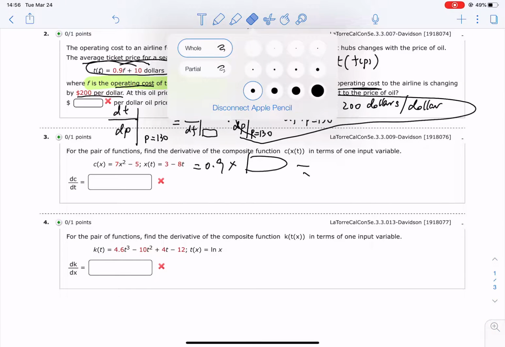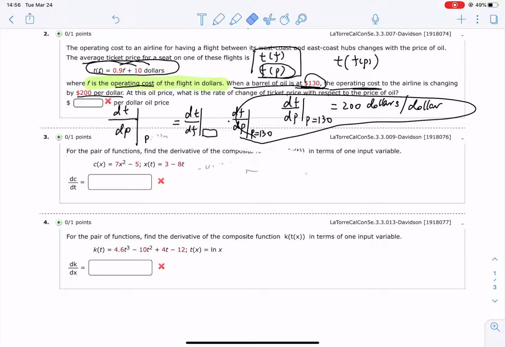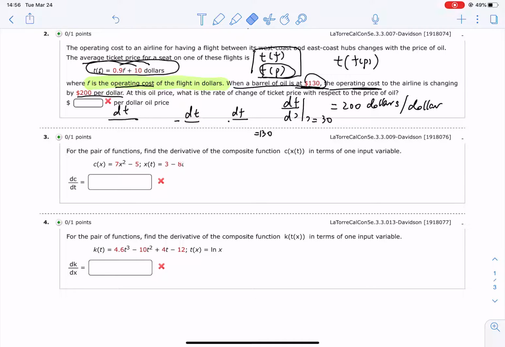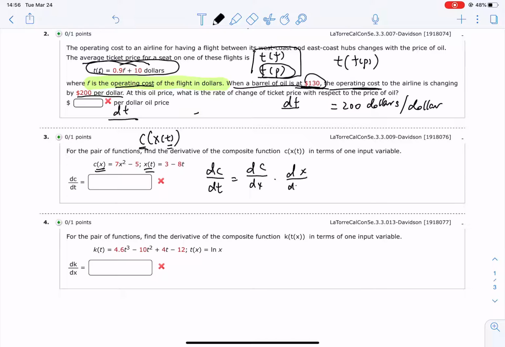Next, number 3. This is dC dt, which equals dC dx multiplied by dx dt, since this is C of x of t.